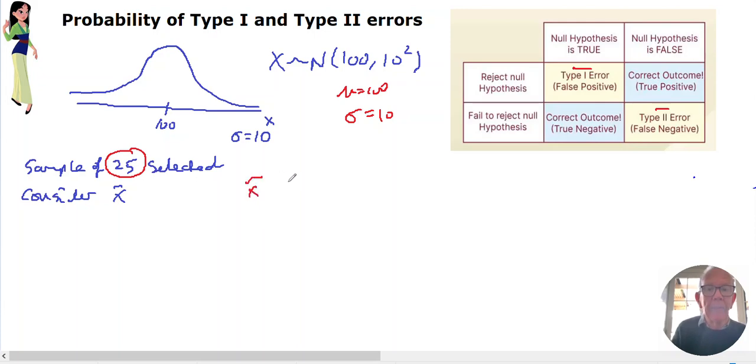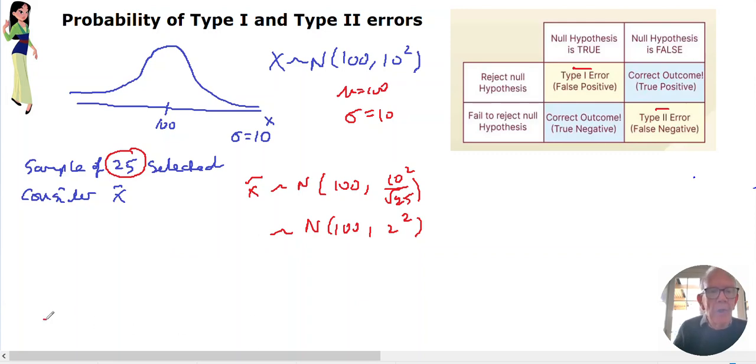So X bar is normally distributed with a mean of 100 as well, but the standard deviation is going to be 10 divided by root 25. So it's normally distributed with a mean of 100 and a standard deviation of 2.